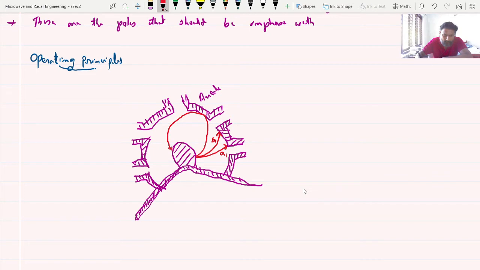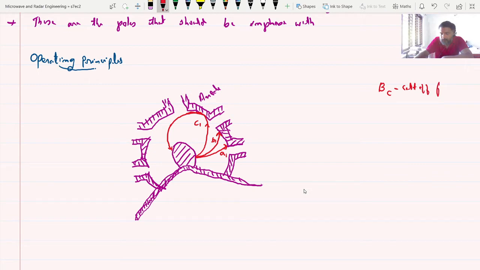If I apply a larger magnetic field, it deflects the electron C1 sharply so that it grazes the surface of the anode, and this is called the cutoff field. That is denoted by BC, the cutoff field.